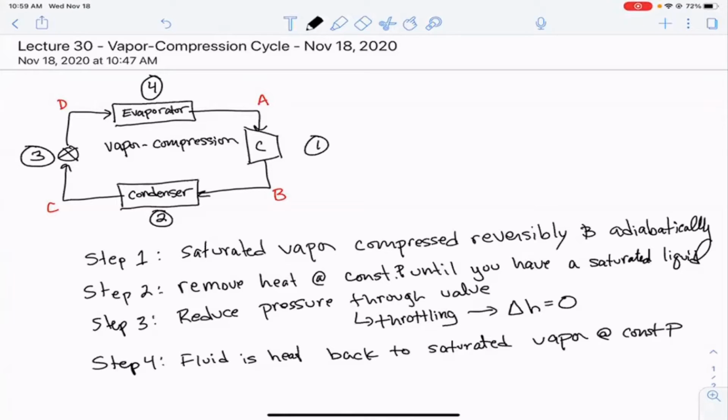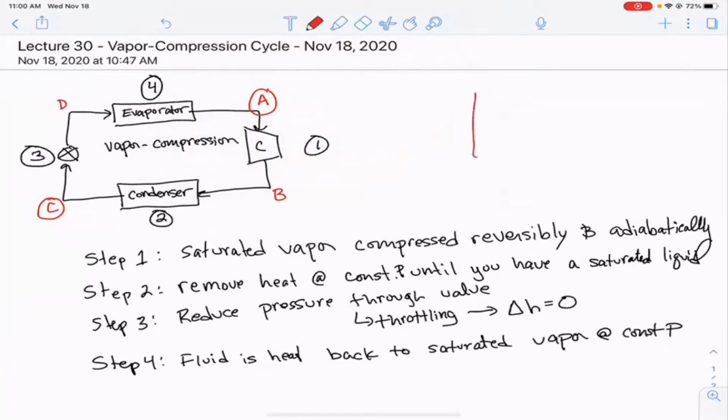But in the vapor compression cycle, we are also operating between 2 pressures, right? And they're 2 saturated states. This is important for us to think about: A is saturated vapor and C is saturated liquid. So where we are on these property diagrams is going to be very specific.